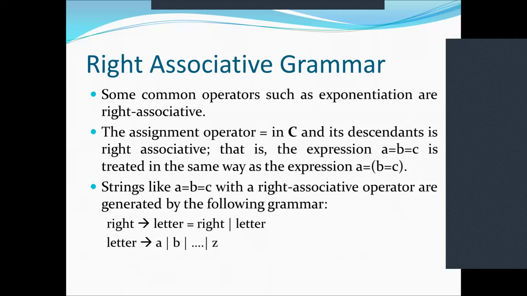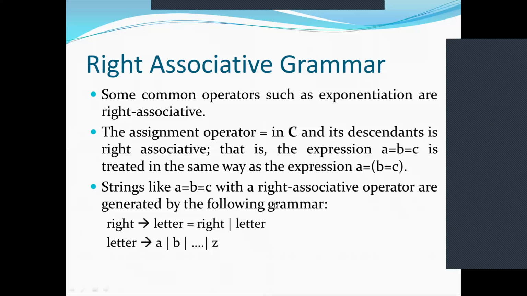Or for an exponential, e to the power 23, this operator is right associative for the operand. So there are certain operators which are always left associative, and certain operators which are right associative.